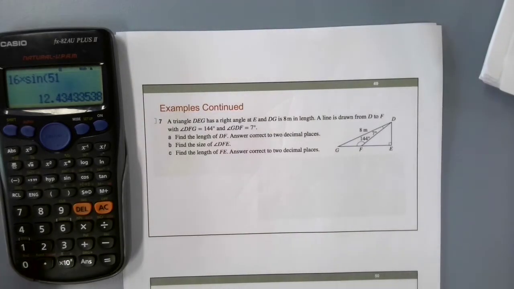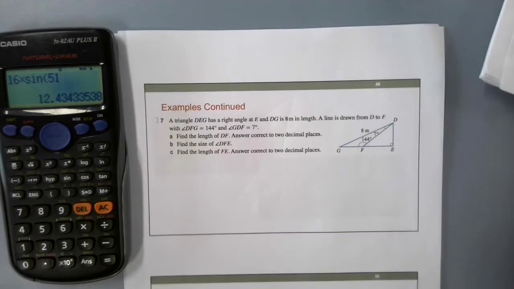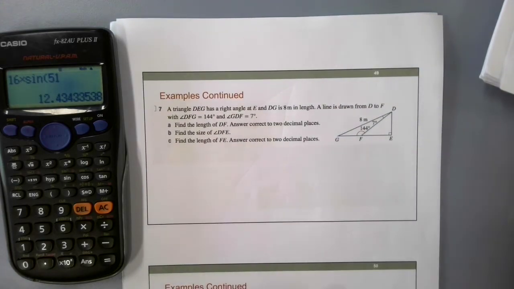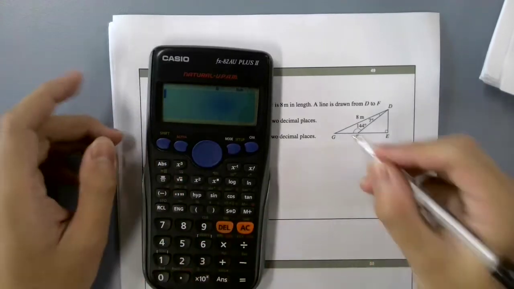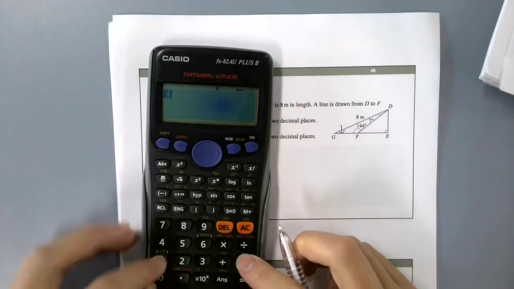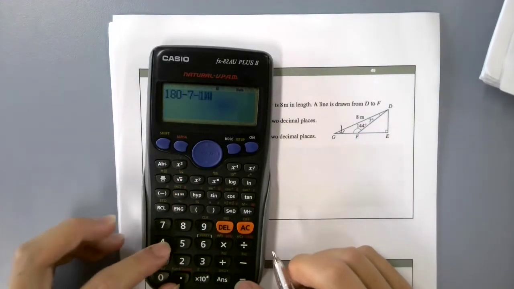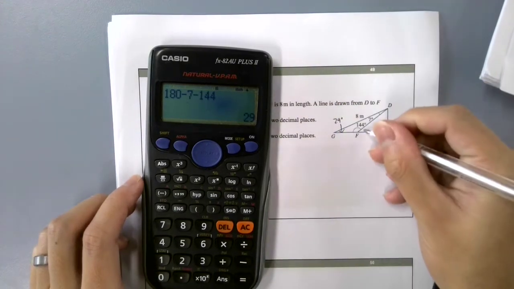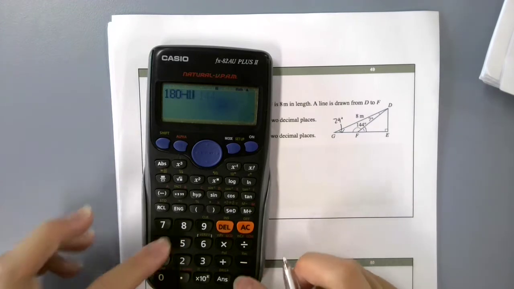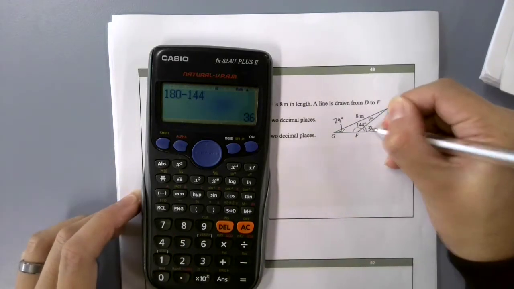Okay, so this question is very similar to the question before. So what I would prefer you to do is put down all the information as possible. We can work out this angle here, because 180 minus 7 minus 144 gives us this angle. We can also work out this angle here, because 180 minus 144 gives us that angle.